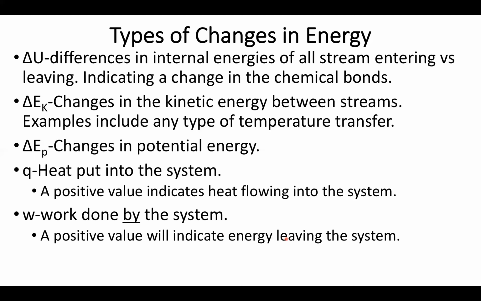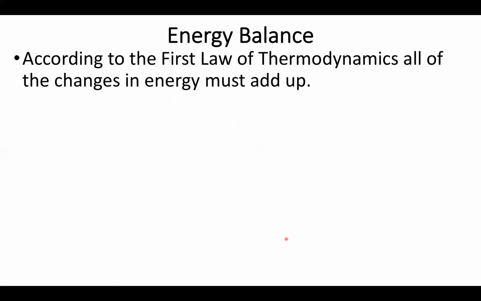Now we have all of these basic terms built up. What we're going to be doing is essentially making use of our good old friend, the first law of thermodynamics. So all of these ways that the energy can change have to end up adding up.